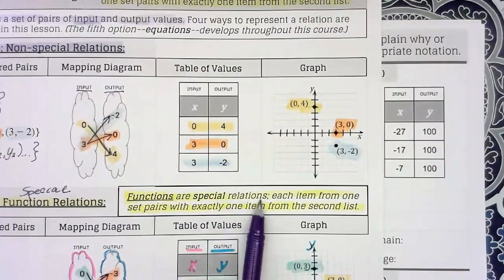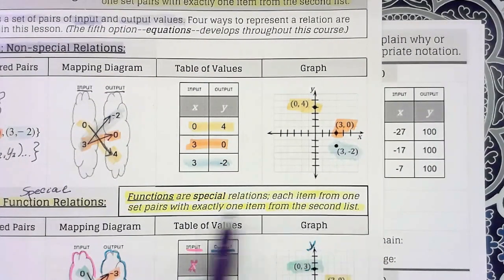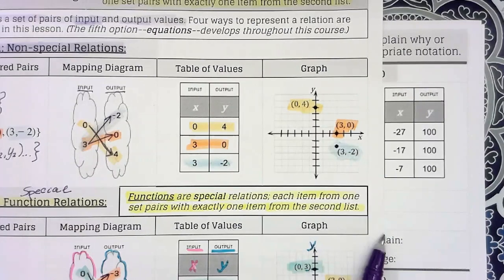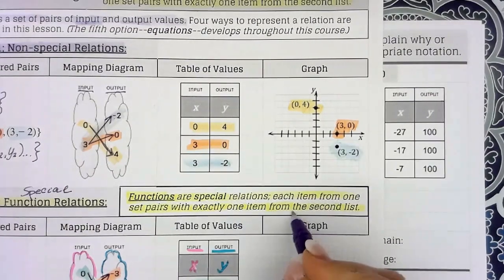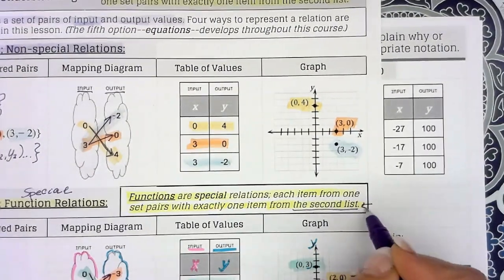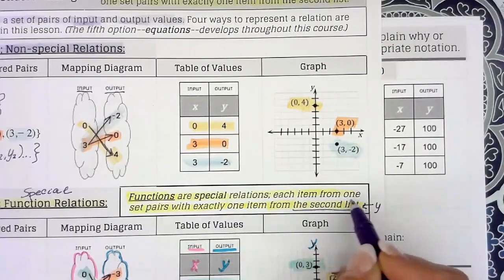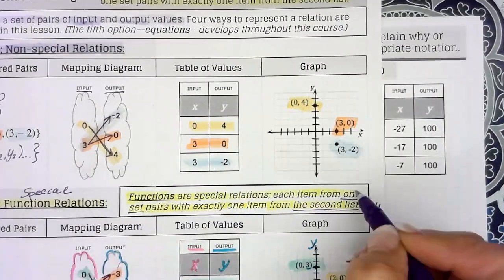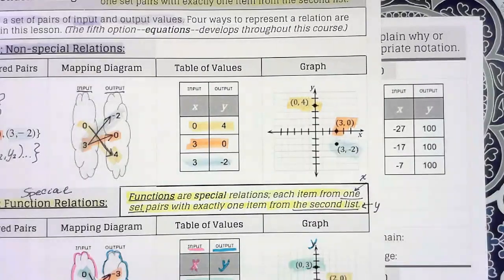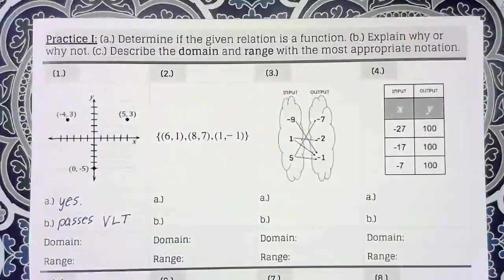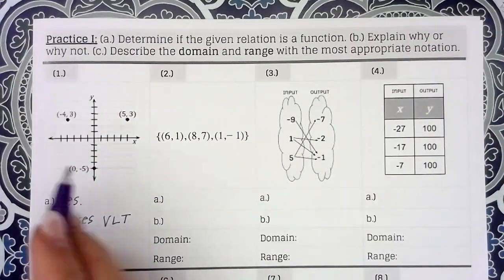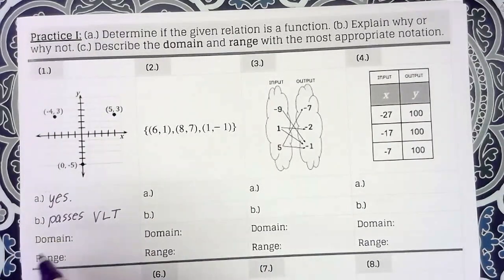Functions are special relations. Each item from one set pairs with exactly one item from the second list. The second list is the y values. Okay? The one set that we start with, those are your x values. Okay? So, yes, it's a function, passes the vertical line test. Quick way to tell. No x's are used more than once.